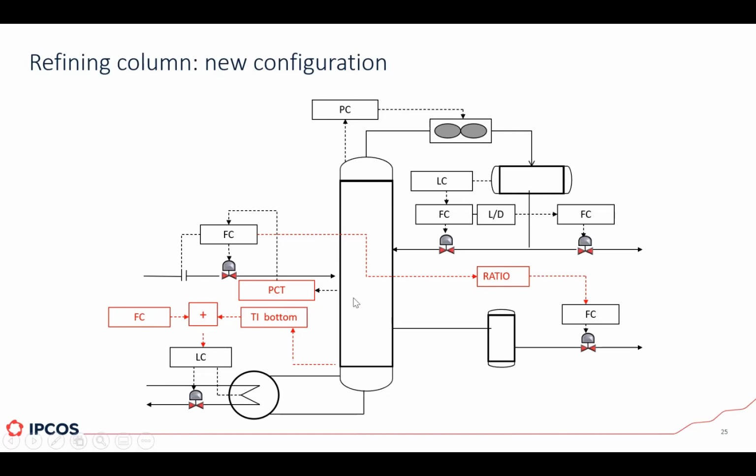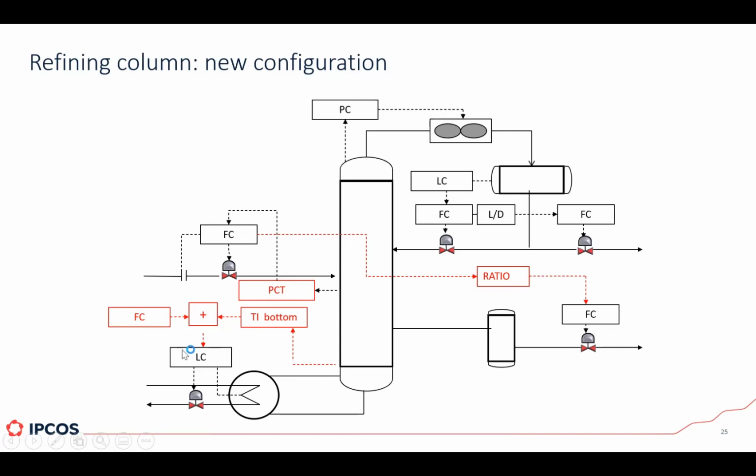So instead of controlling this temperature raw, it is now pressure compensated, and that pressure compensated temperature is the one that is now being controlled with the feed flow of the column. So this already has helped a lot in keeping the separation around that section a lot more stable.